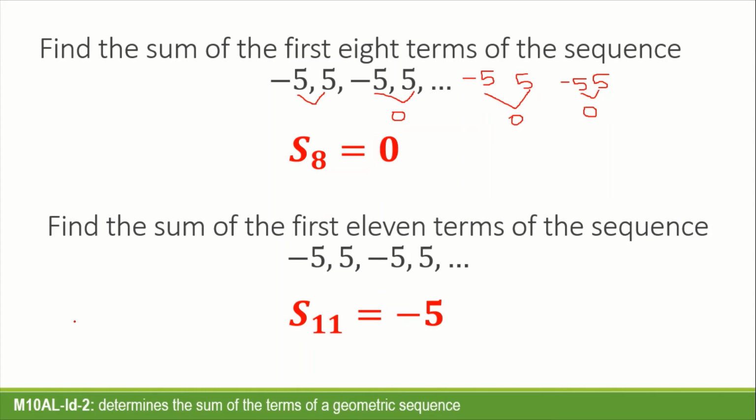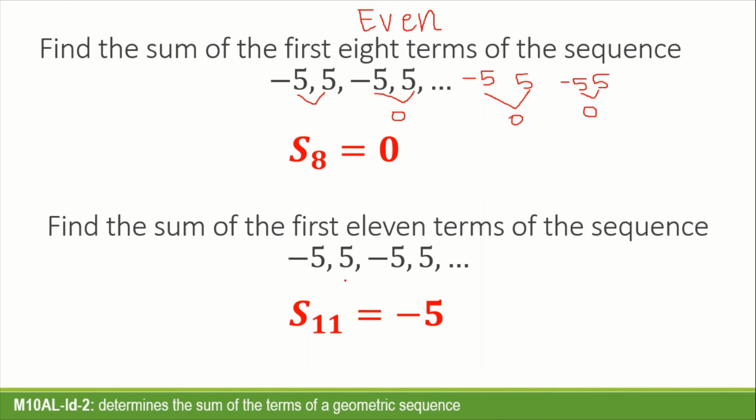So, tandaan, if the common ratio is negative 1 and we are adding an even number of terms, ano yung even? 2, 4, 6, 8, 10, 12, and so on. Yung mga divisible by 2, so the sum is always equal to 0. Kasi pwede mong ipares-pares yung tigda-dalawang terms na ang sum ay 0. Okay?